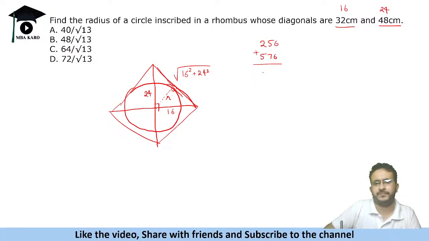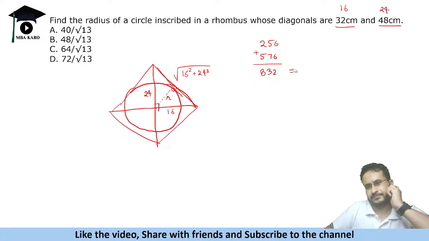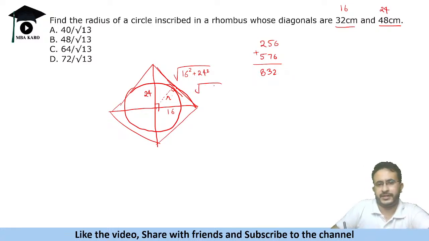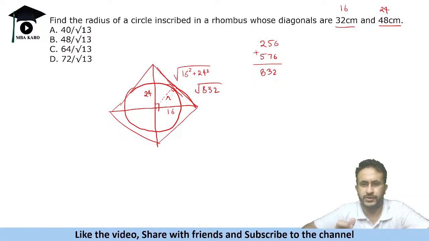So we'll get 832. Now if you see, the options consist of root 13.